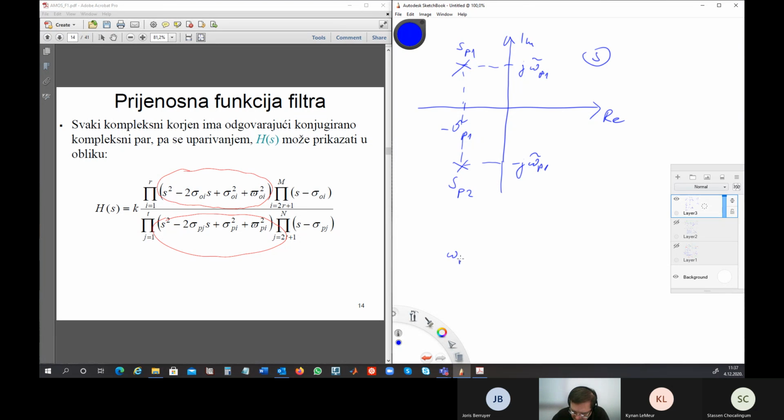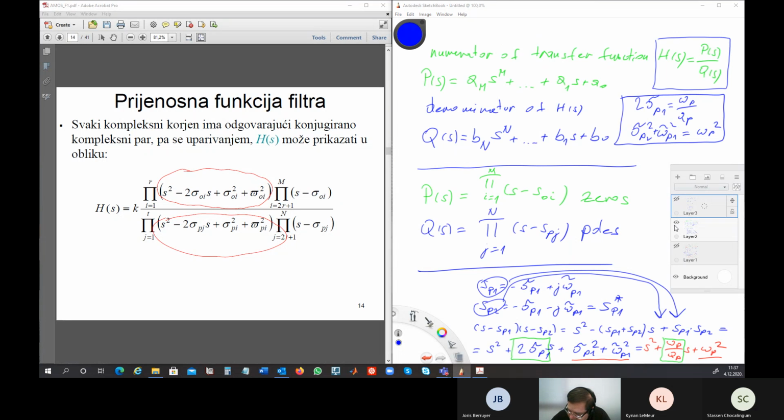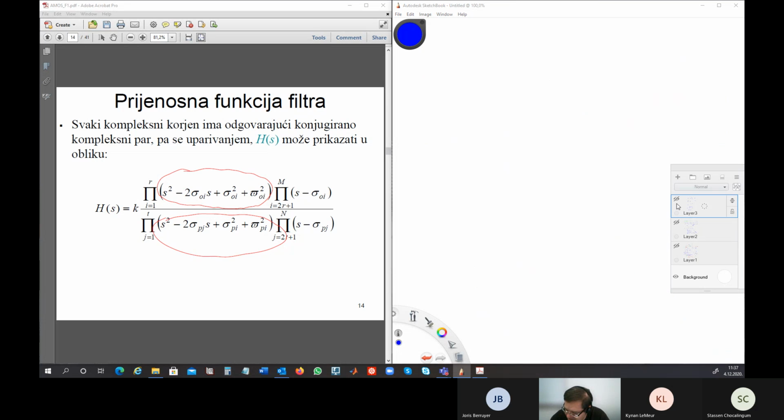Omega p is equal to the square root of sigma p1 squared plus omega p1 tilde squared, and Q p is equal to omega p over 2 sigma p. This is visible from the previous slide. So Q p is omega p over 2 sigma p. So you can always check it.